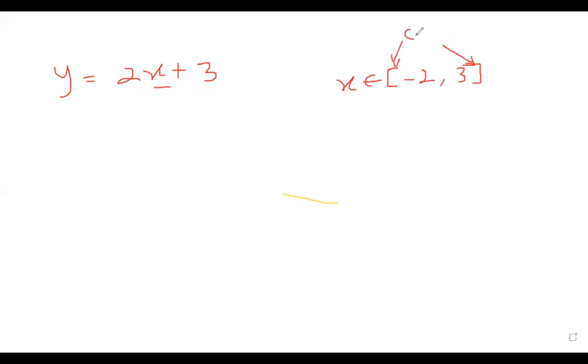So let's try and understand what we mean by closed interval before we proceed. That simply means x is an interval of elements. If, let's say, x belongs to the set of integers, then x will be -2, -1, 0, 1, 2, and 3.